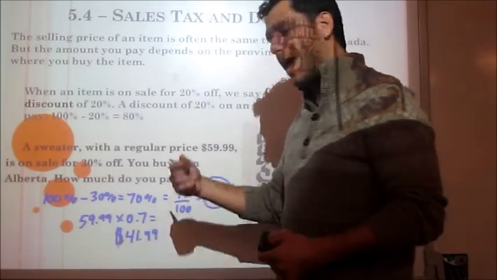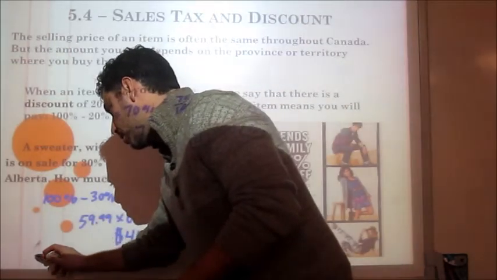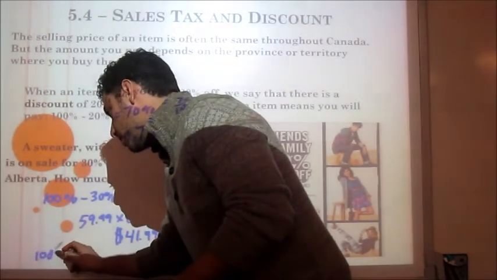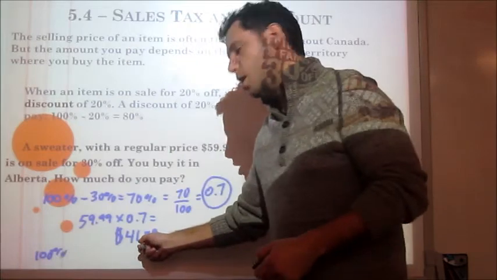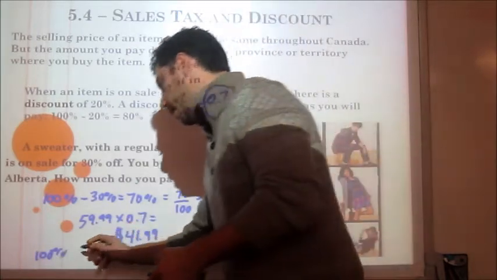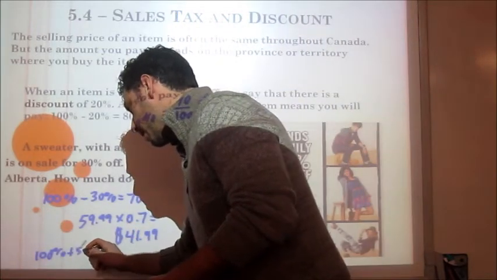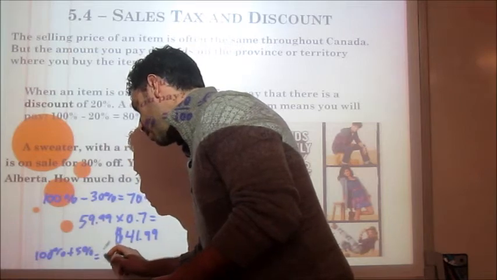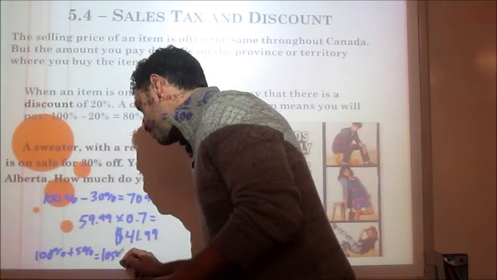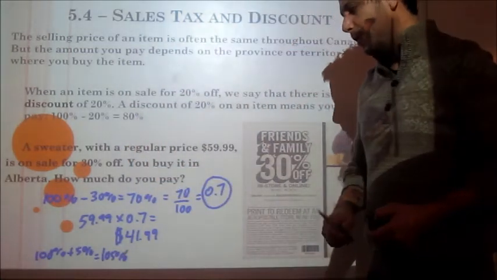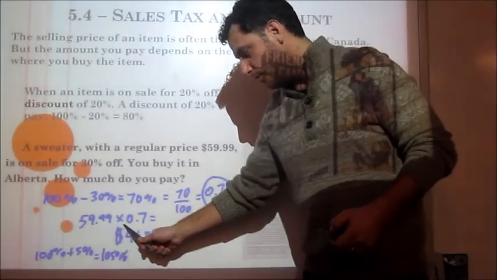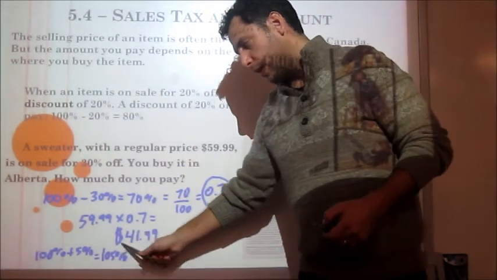And we're going to add 5% to it. So 100%, which is the new sale price, plus the tax that we have to pay, 5%, is going to give us 105%. So we have to pay 105% of this price.